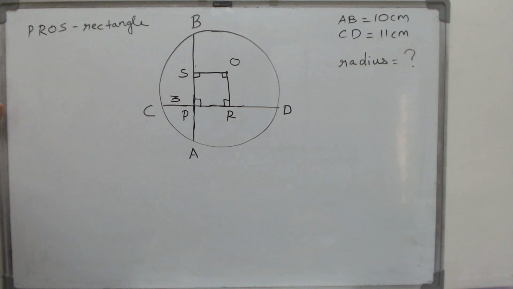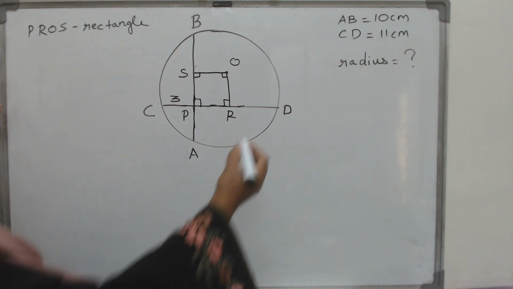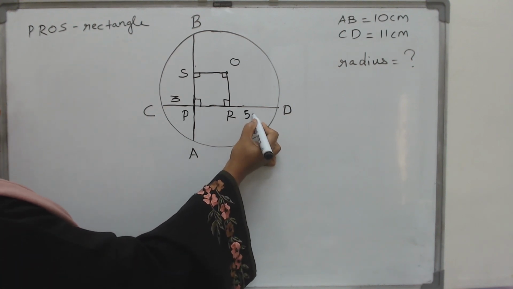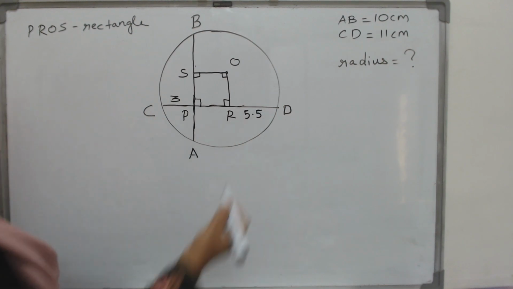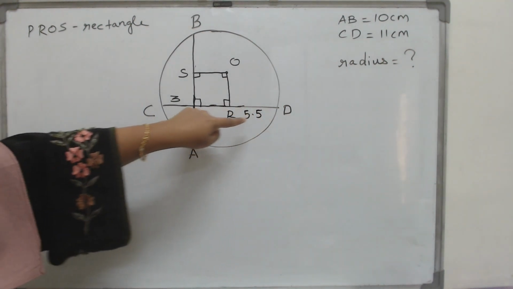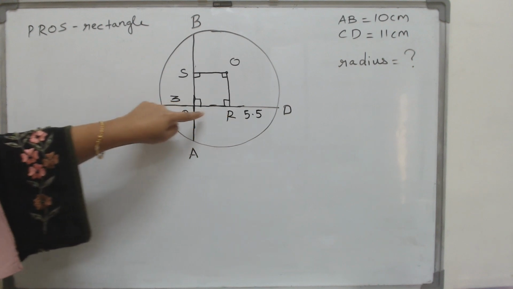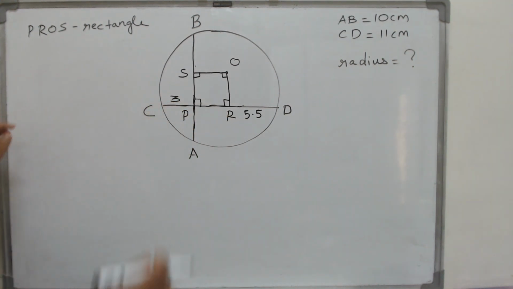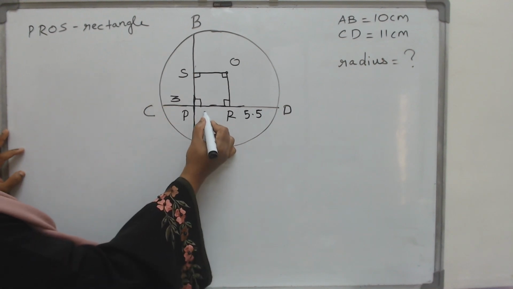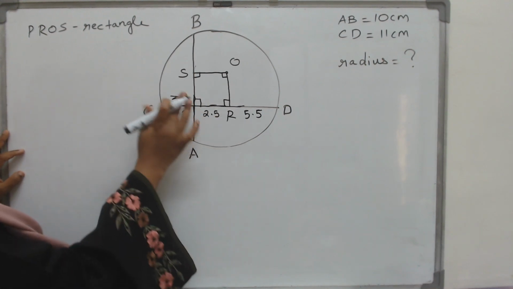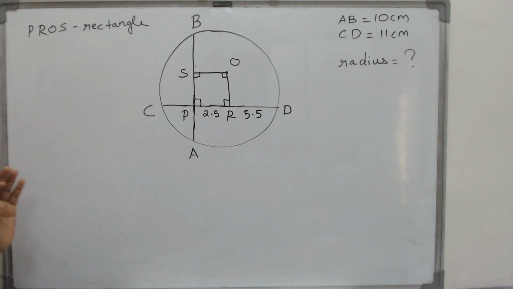But CD is 11 centimeters, half of it is going to be 5.5 centimeters. Here it is 5.5 centimeters and here also it is going to be 5.5, but then this bit is 3, that means this bit is going to be just 2.5.